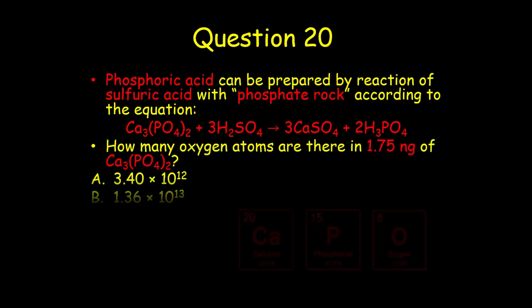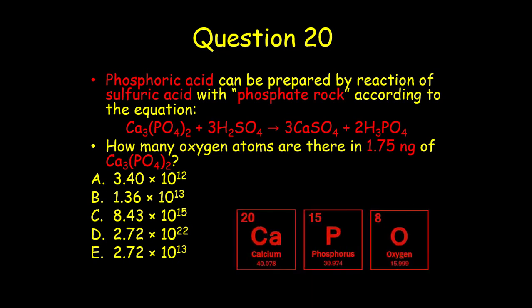Question 20. Phosphoric acid can be prepared by reaction of sulfuric acid. It's the same question as the previous one with phosphate rock, and here is the equation. But the new question here is how many oxygen atoms are there in 1.75 nanograms of Ca3(PO4)2? So again, we can neglect the equation.